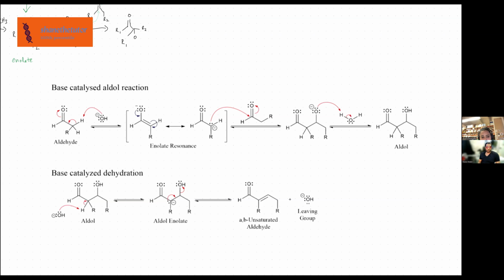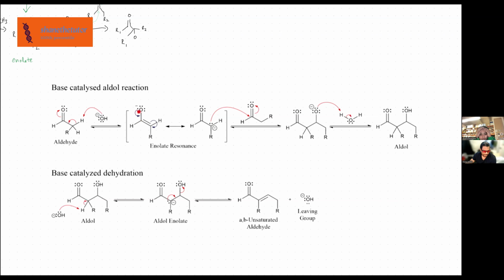So what we have here is our aldehyde. And here we have a strong base, like sodium hydroxide. And it plucks off that alpha hydrogen that's weakly acidic, forming that double bond there. And we get our enolate here. The enolate can undergo resonance.